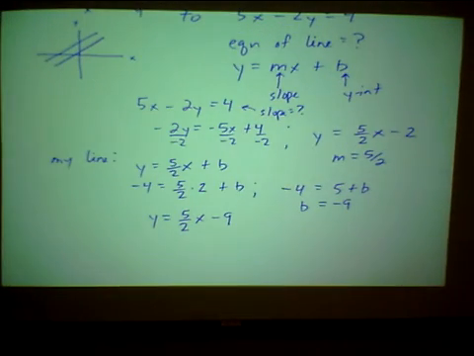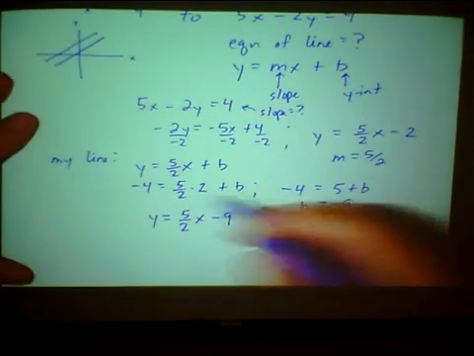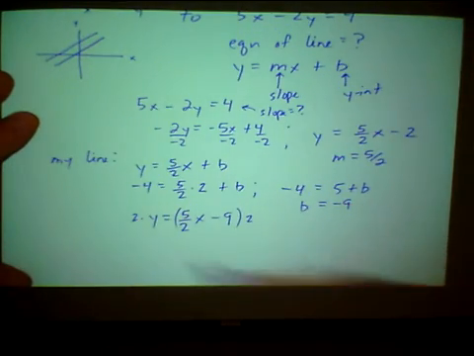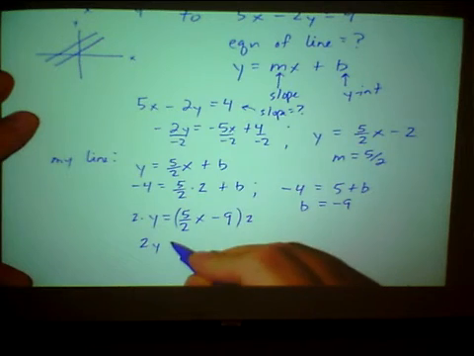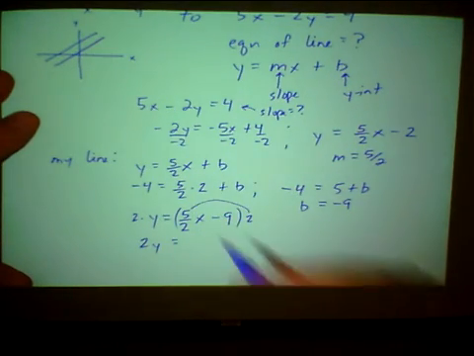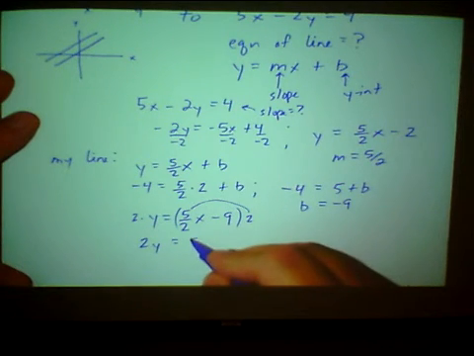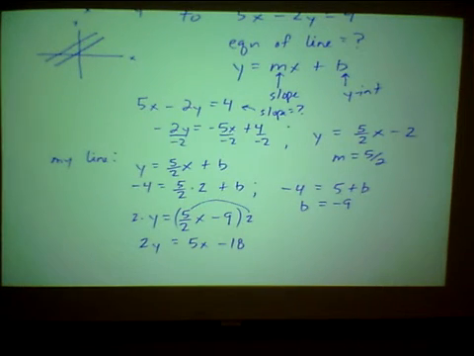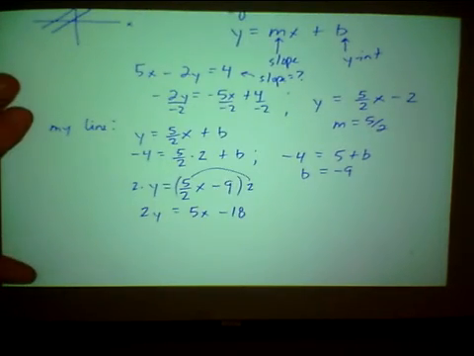I only have one fraction, 5/2, so if I multiply both sides by that denominator, then I'll have 2y equals, so the 2 times this 5/2 x leaves you with 5x minus 18. And now I want to get x and y on the same side.